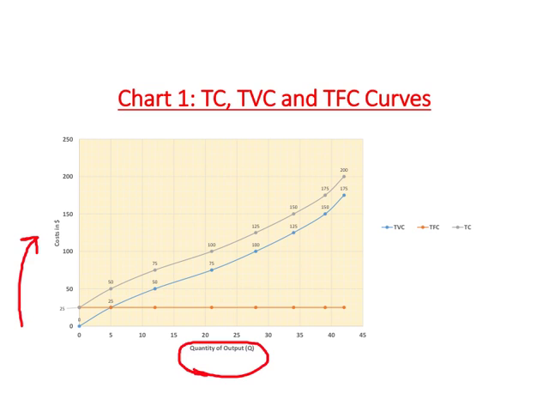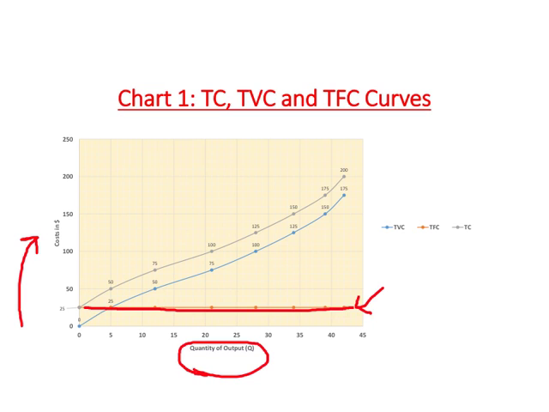The easiest curve to see is this horizontal line, and this is the total fixed cost. This is a cost that the firm incurs irrespective of how much it produces. It is a fixed number, it does not depend on the output level, and it is fixed at $25. So we have a horizontal line representing the total fixed cost.